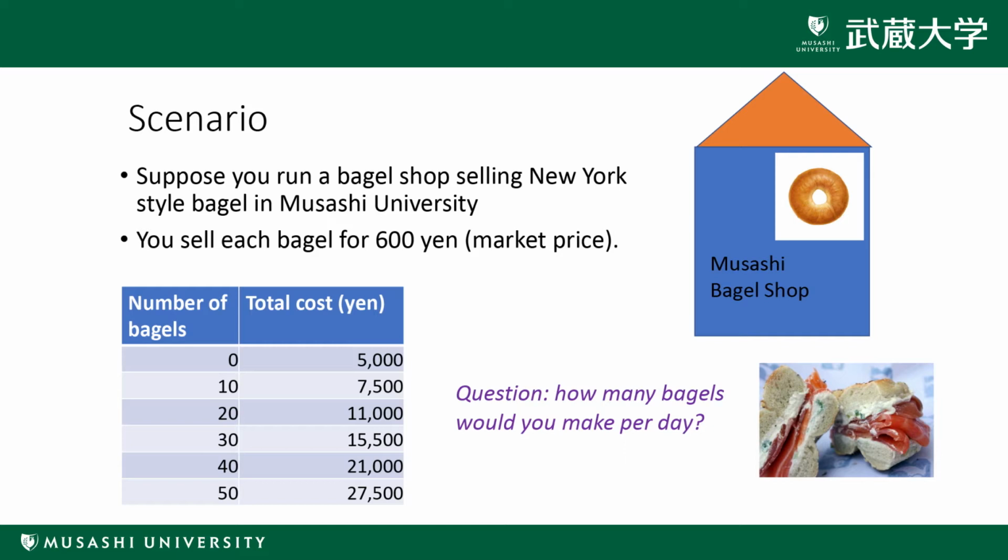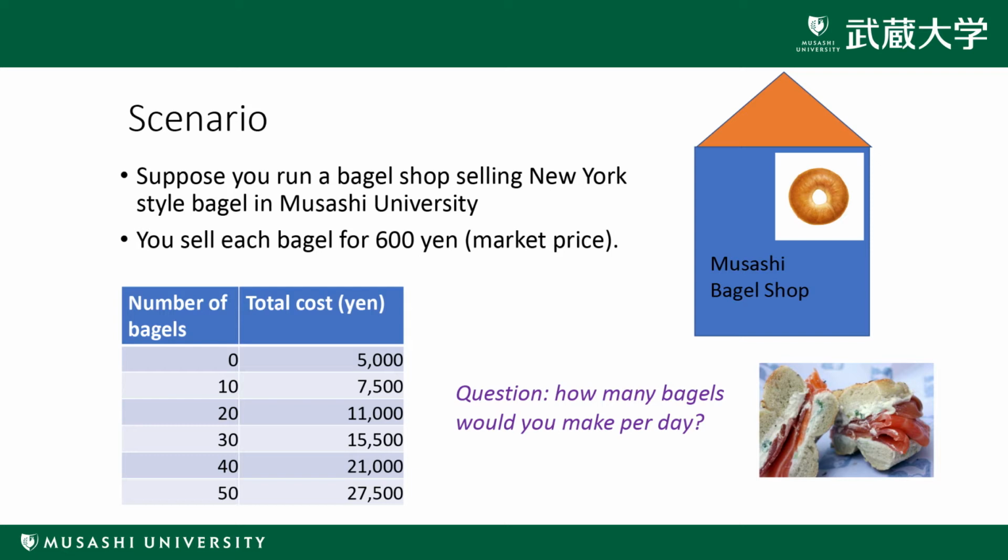So I'm giving you a little bit of cost information in that table. In this table, you can see, for example, the total cost of producing 10 bagels is going to be 7,500, right?